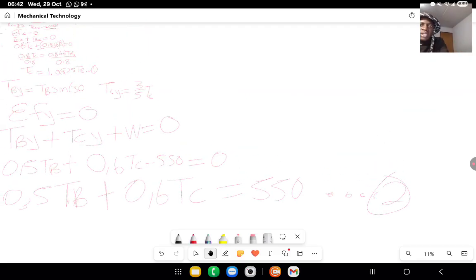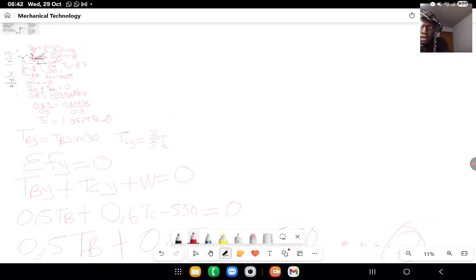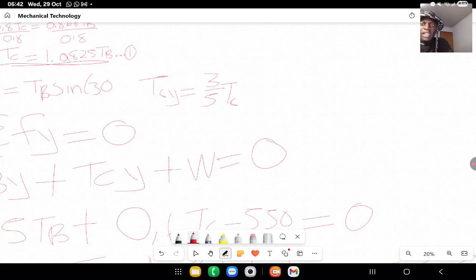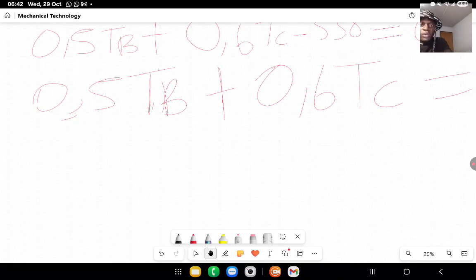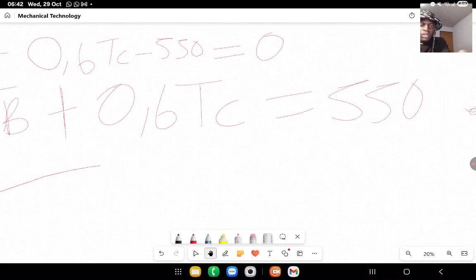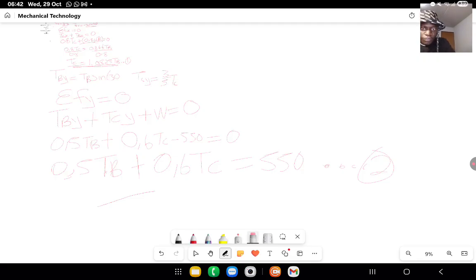So we have our equation number 1 up there. If we still remember, here is our equation number 1. We are going to substitute 1.0825 TB when we see TC. Again, now we have our equation 2. Here we see TC.